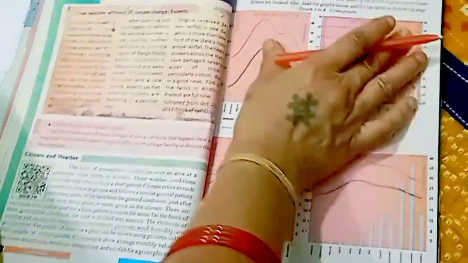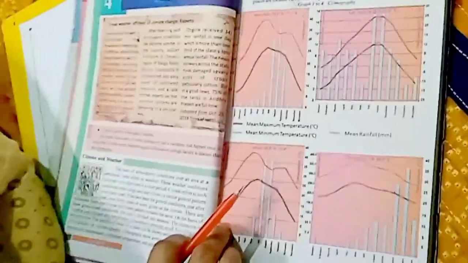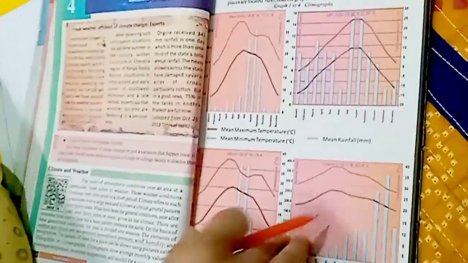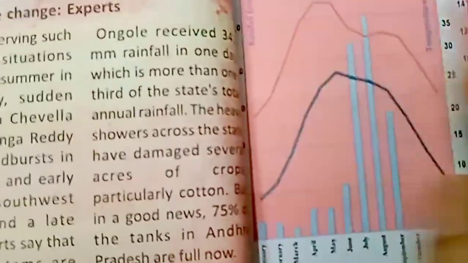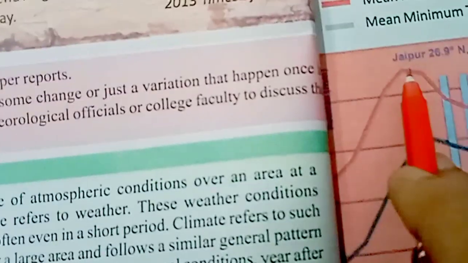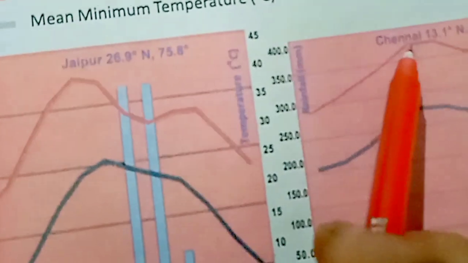And next, come to the fourth lesson, that is climate of India. In climate of India, here we have climographs, from 2 northern Indian states and 2 southern Indian states. In the exam, you may be asked one climograph from southern India and one climograph from North India. Here the climographs are given from New Delhi, this is from North, and Leh, and next Jaipur, and next Chennai.